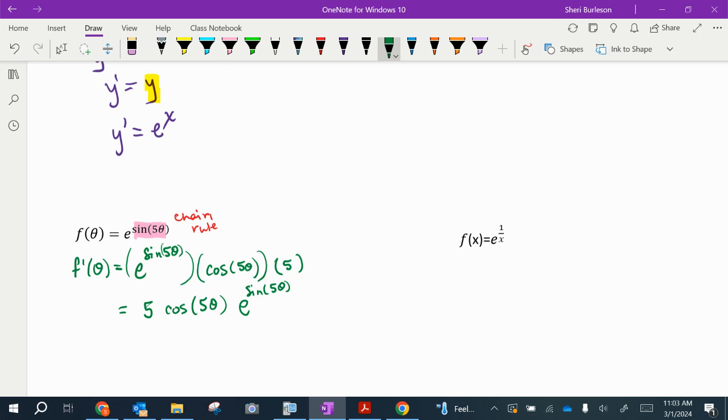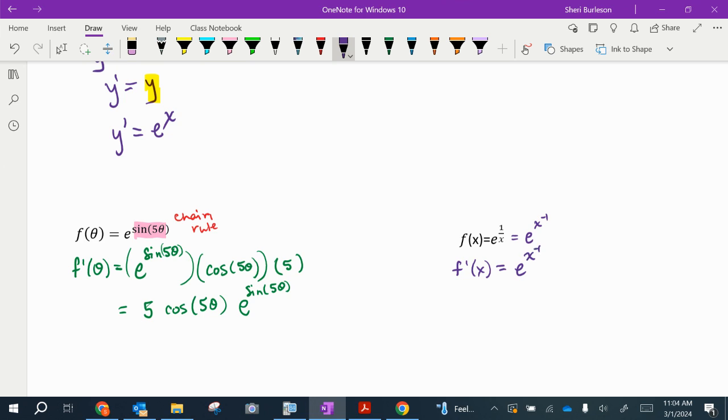If you would like to try to find the derivative of f of x yourself, you could pause the video and try this. But let's look at this derivative. So I'm going to rewrite this as e to the x to the negative 1. That will make it, I believe, a little easier. So f prime of x, the derivative of e to the x is e to the x.